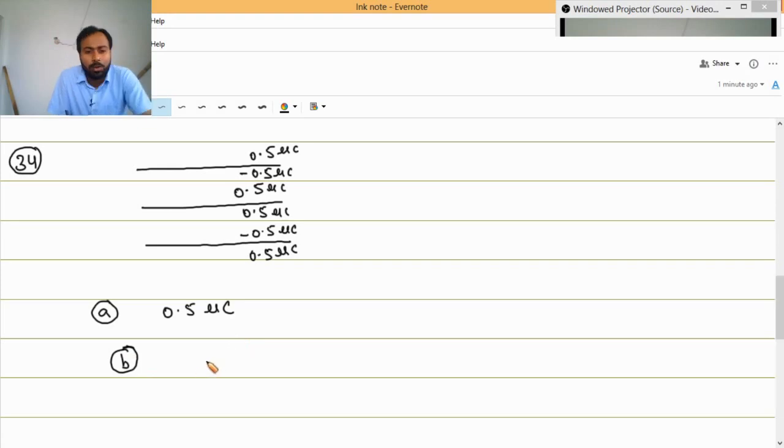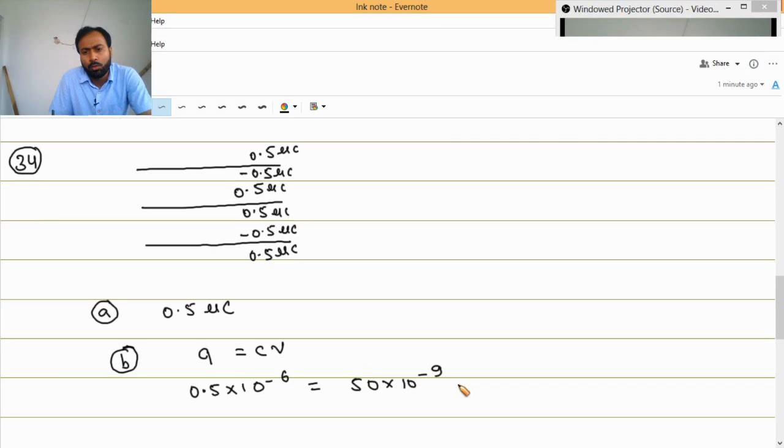How to decide the potential difference: Q equals C into V. Between these two plates the charge is 0.5 microcoulomb, so we will write 0.5 into 10 to the power minus 6, and between these two plates the capacitance given is 50 nanofarad.